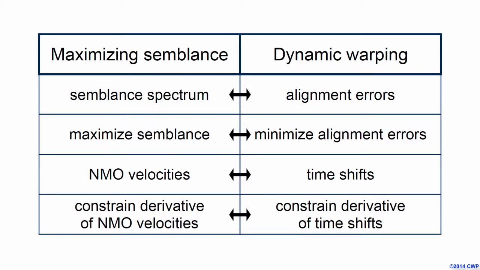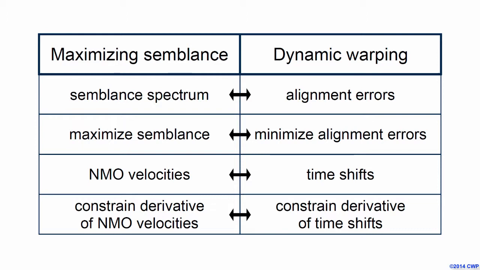So this is really similar to dynamic warping. And in fact, it's a very easy extension from the dynamic warping code. So the semblance spectrum acts as our alignment errors that you would see in dynamic warping, and many of you saw those alignment error plots yesterday.